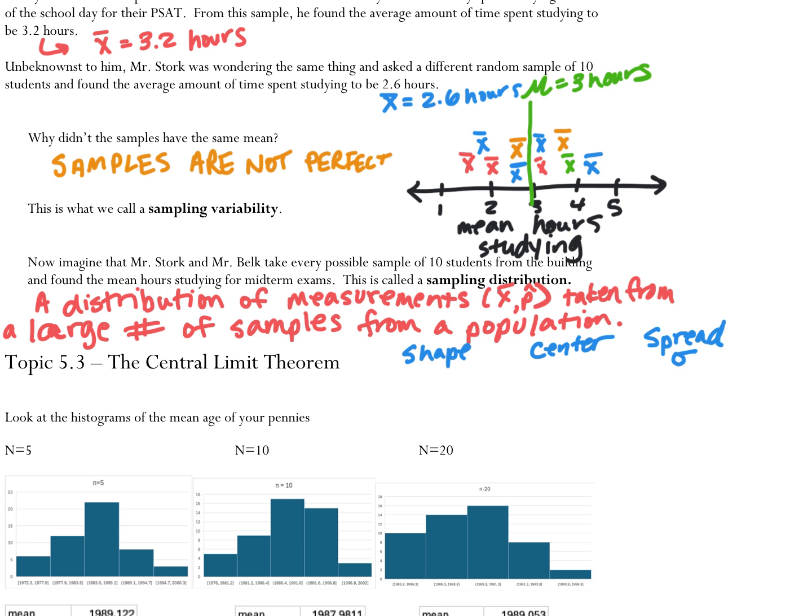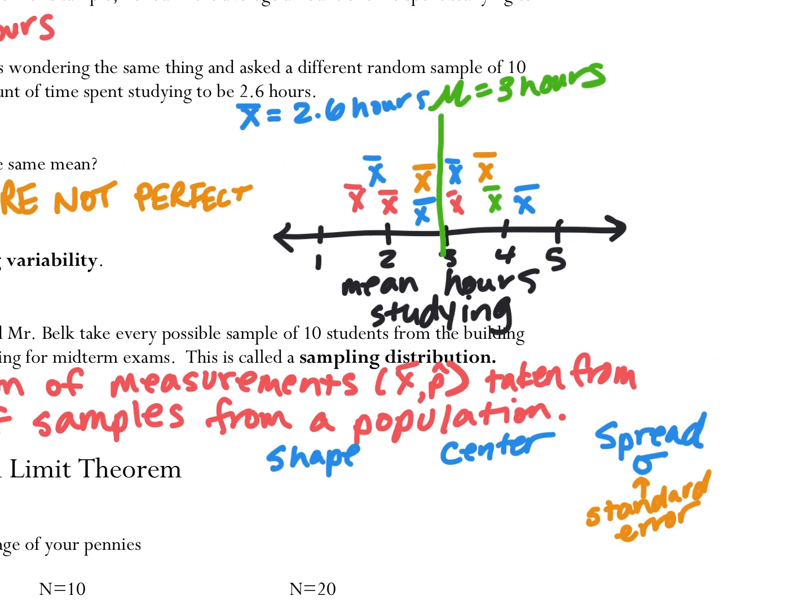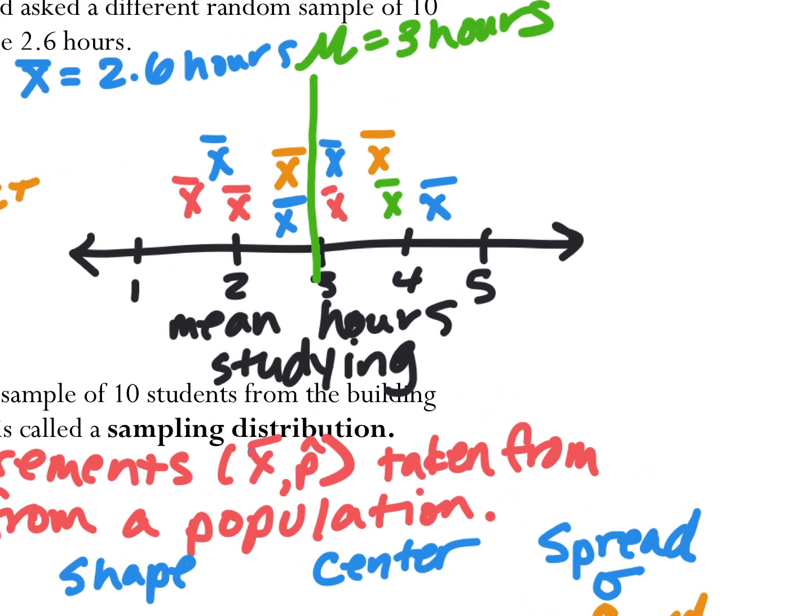This last idea explains why we give the standard deviation of a sampling distribution a special name. We call it the standard error, and I'm going to explain why, using this graph.